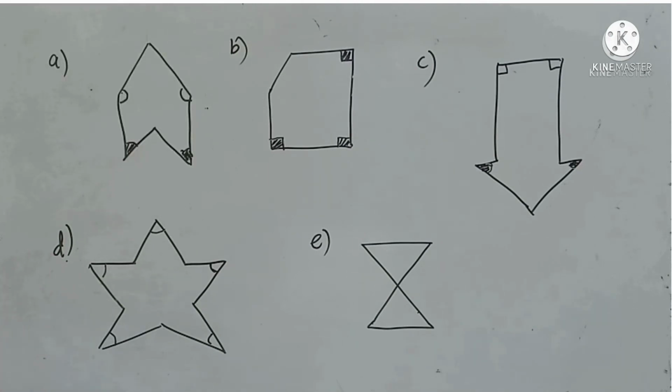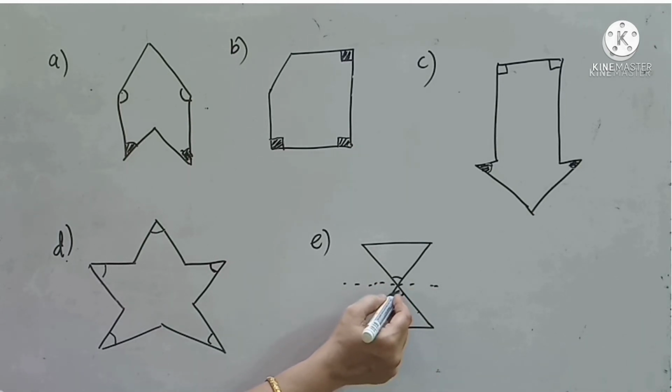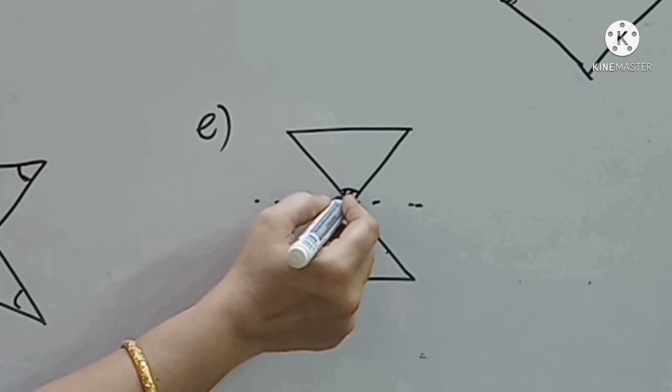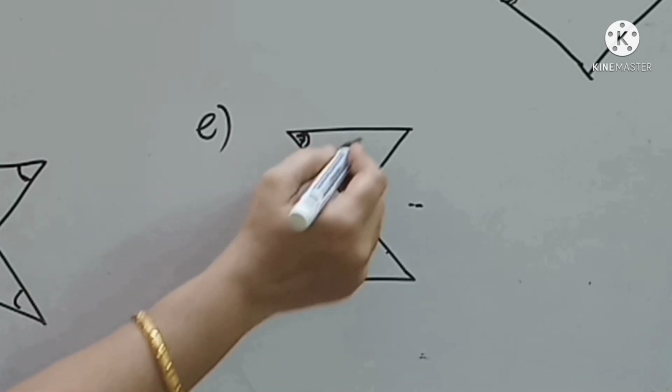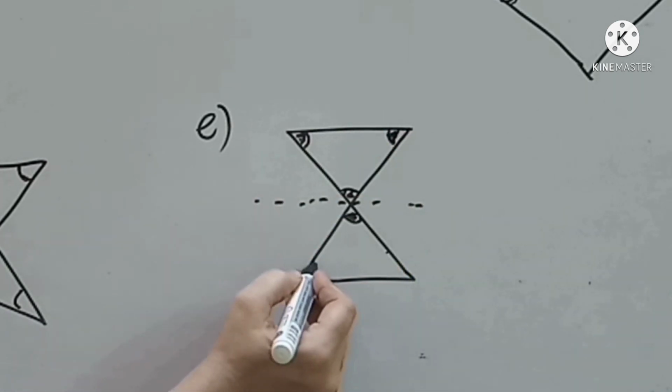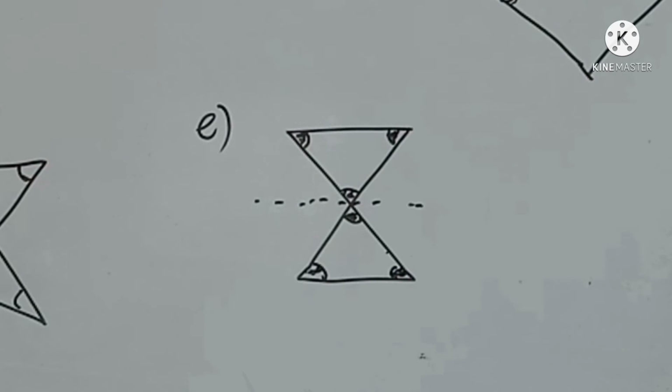E question, if you do lines of symmetry like this, these two angles are equal, and then here also equal. If it is equilateral triangle, all angles are equal. It looks like equilateral triangle. So all angles are equal.